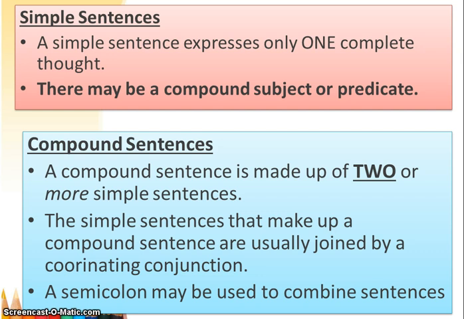Then we have a semicolon, which may be used to combine sentences. So let's look here at some sentence formulas. Now, when I was in school, one of the ways that I learned to distinguish between a compound sentence and a simple sentence was by learning my formulas.